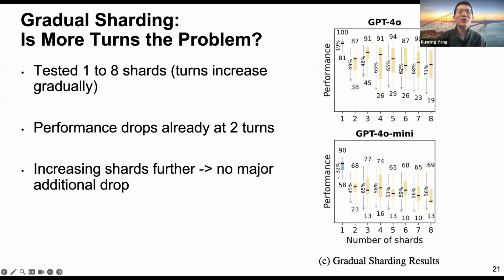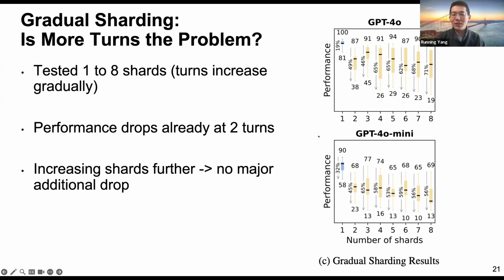And we may also wonder whether it is because we split the task into too many unnecessary turns. They also did an ablation study on this. We can see that they gradually increase the number of shards, starting from one shard, which is the single-turn prompt. Even with just two turns, the performance already drops a lot from the first to the second.